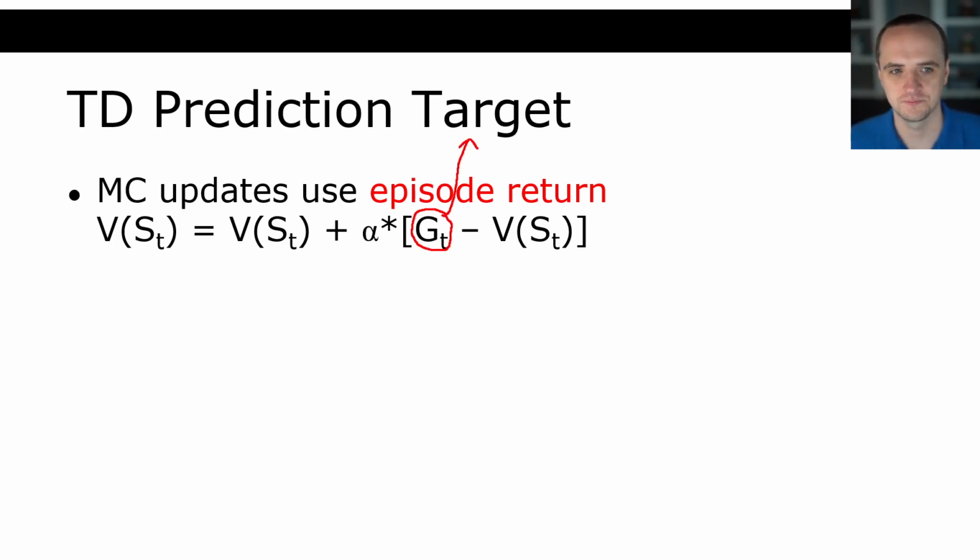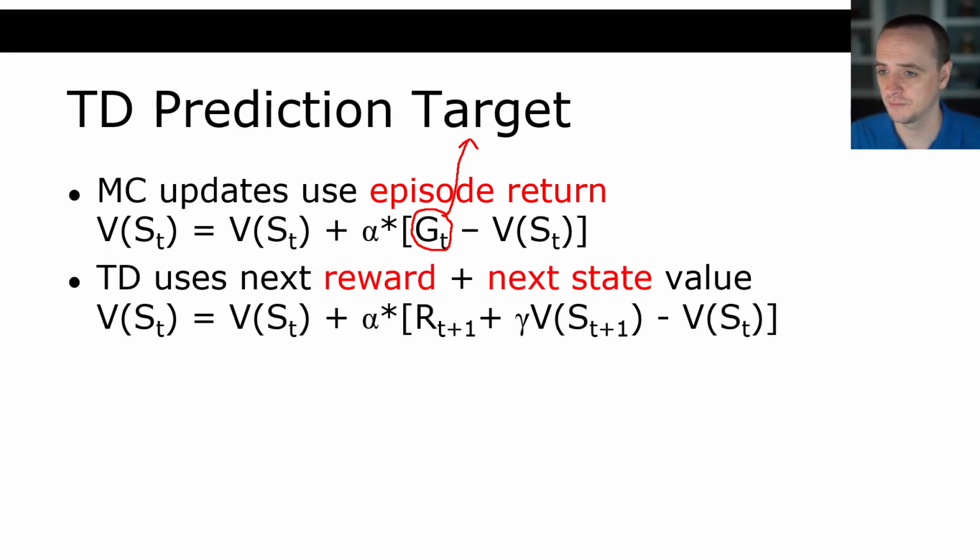Temporal difference learning uses the next reward and the next state's value as the target. So in temporal difference learning, this is the target. This is the big difference.